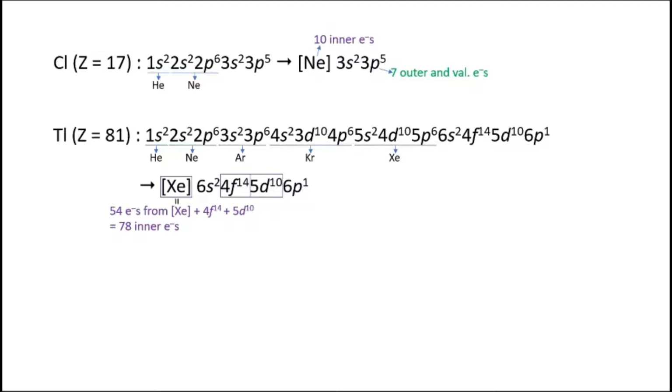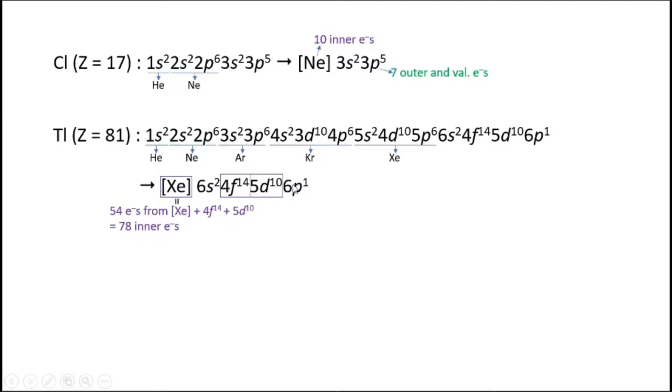The last thing is the valence and the outer electrons. If you take a look at your periodic table, or even just look at the fact that I have 6p1 here, you know that this is going to be sitting in the p block. Anything in the s block or the p block is a main group element. For your outer electrons, you're going to be looking for the highest n value, or the highest energy level. In this case that would be the 6.